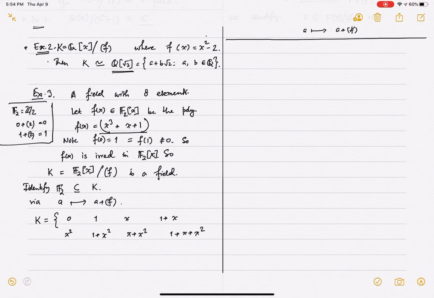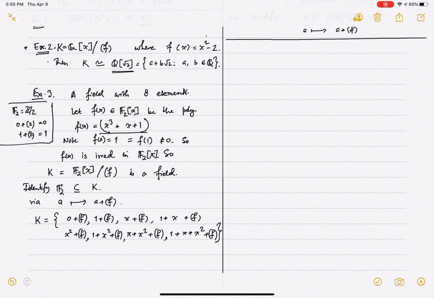These are all the polynomials of degree up to 2. And if you take the cosets of them, that's your K. So K is a field with 8 elements.